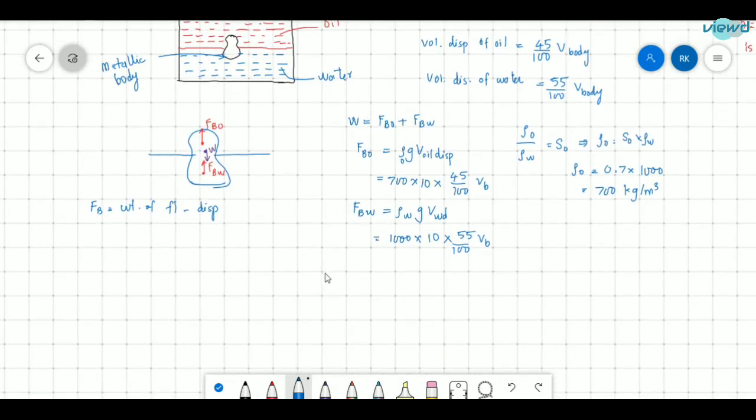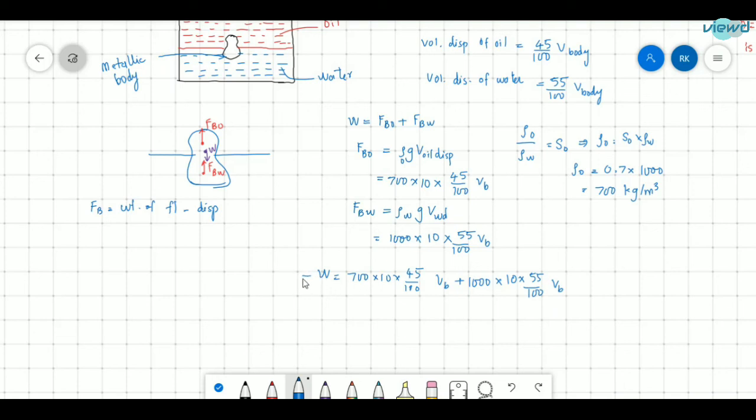Now W is equal to the buoyancy force due to oil, which is 700 into 10 into 45 by 100 into VB, plus due to water 1000 into 10 into 55 by 100 into VB.